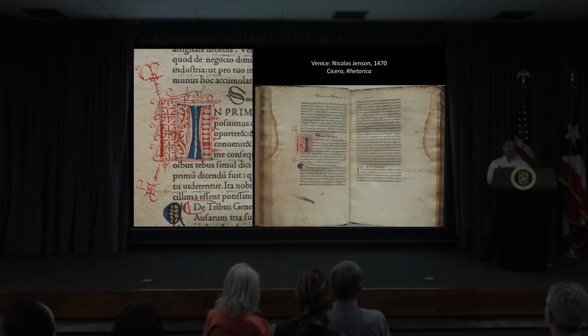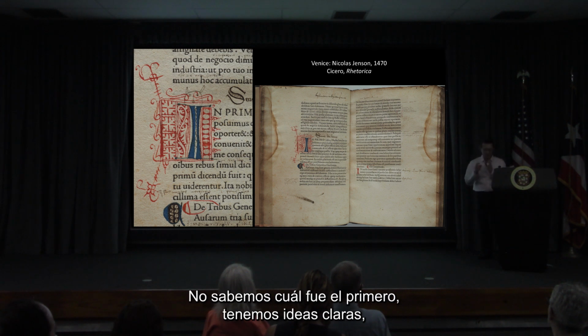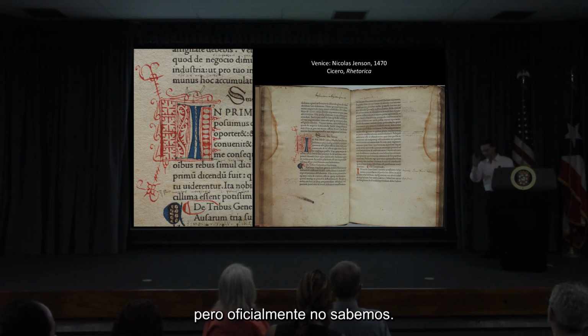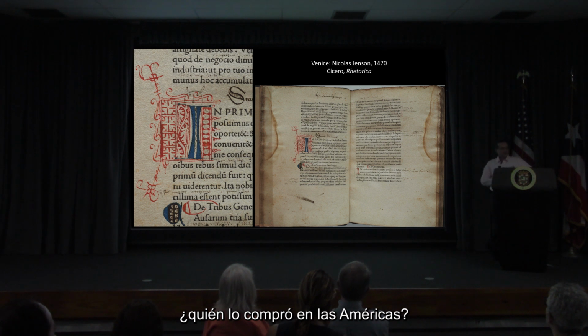So early Jenson, he published 5 titles in 1470. We don't know which one came first. In fact, we have clear ideas, but in any case, officially we don't know. In this case, the Cicero Rhetorica, who bought Cicero's Rhetorica in the Americas?